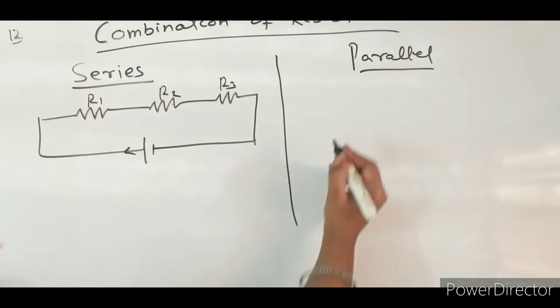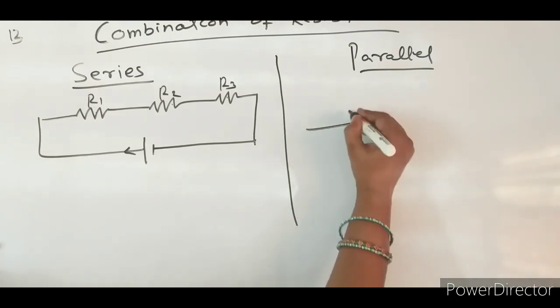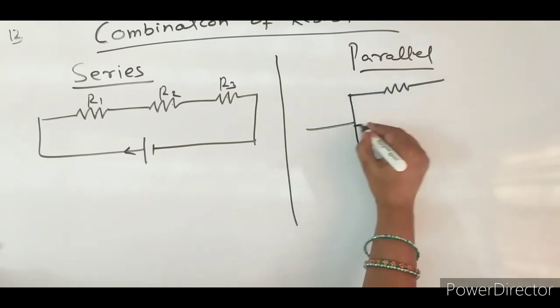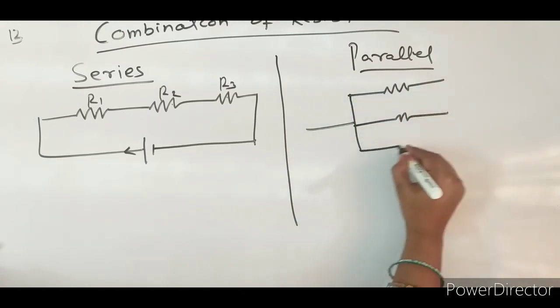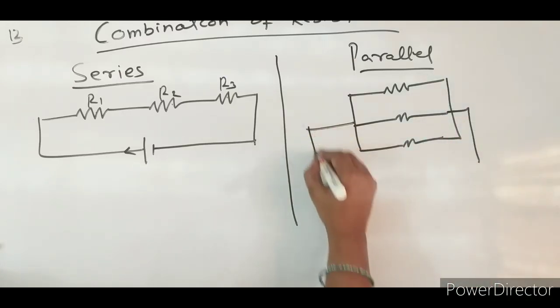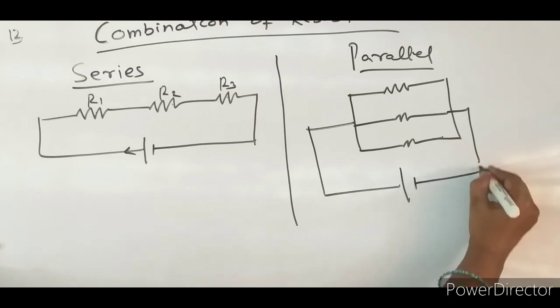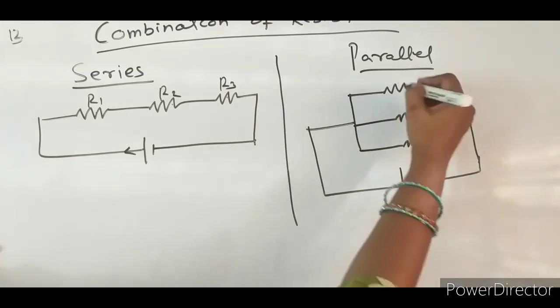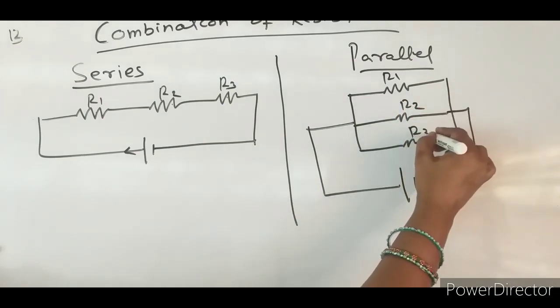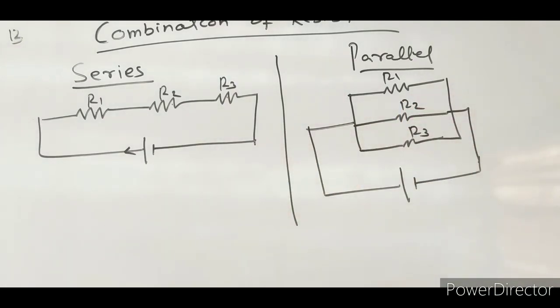Okay, what is parallel connection? In case of parallel connection, this one will be parallel connection. This one will be R1, this one R2, this one R3.